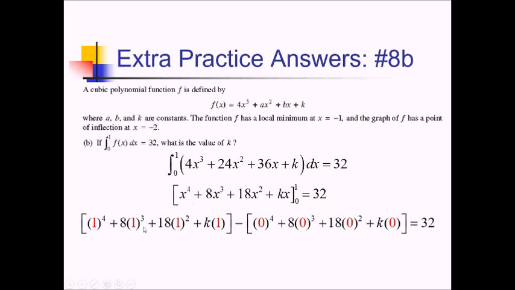Over here, we're only multiplying by 1 with a bunch of stuff, so this is going to be relatively easy to simplify. We have 1 plus 8, which is 9, plus 18, which is 27. So we have 27 plus k, and that's all going to equal 32. Well, based off of this, subtracting 27 there, k is going to be 5.